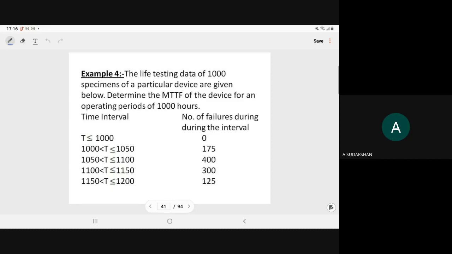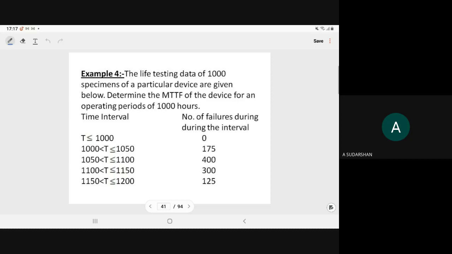So time interval: zero devices fail below 1000 hours. 175 devices fail between 1000 and 1050, 400 in 1050 to 1100, 300 devices fail in 1100 to 1150, and 125 fail in 1150 to 1200.